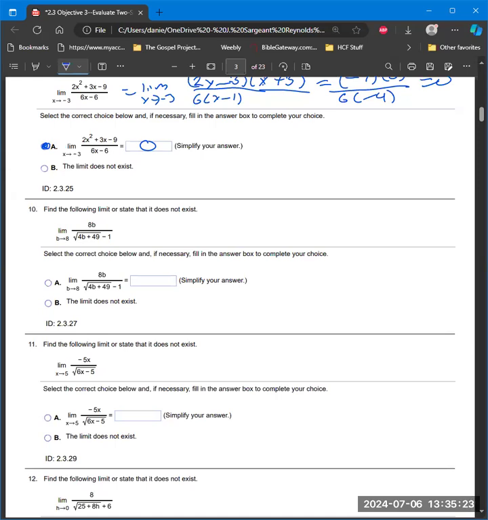10. Let's go ahead and stick it in here.